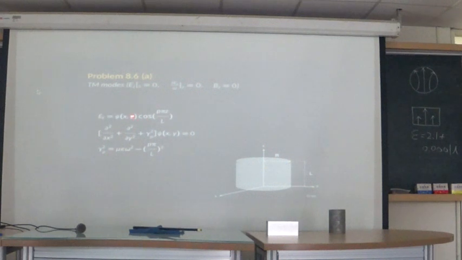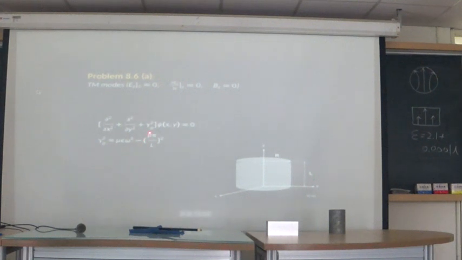After solving the z direction, the transverse part satisfies a Helmholtz equation: the Laplace operator plus gamma p squared, where gamma p is a constant depending on the integer p.